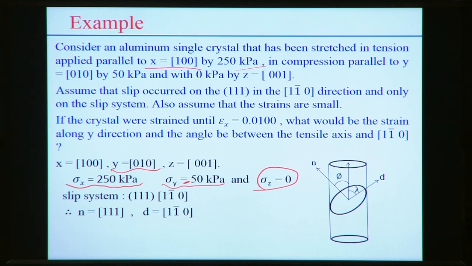Now the slip occurs on the plane (111) and in the direction [1 bar 1 0]. So we define this slip plane, corresponding to the plane (111), and the direction d, which is the slip direction [1 bar 1 0].